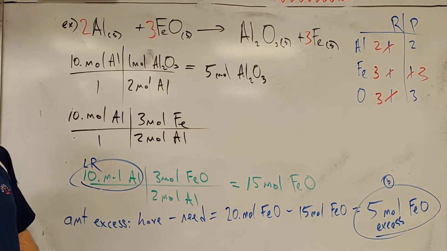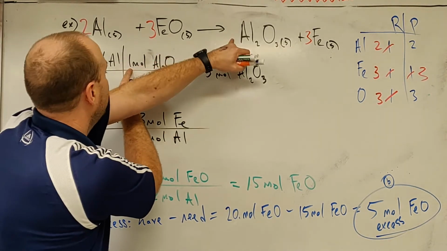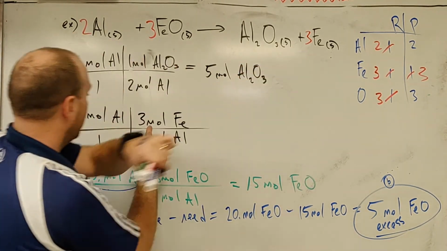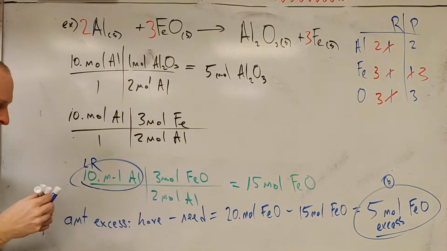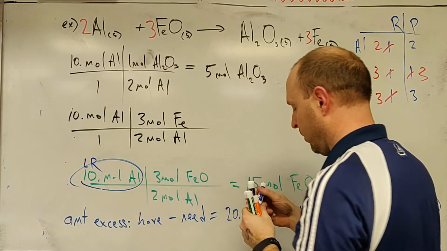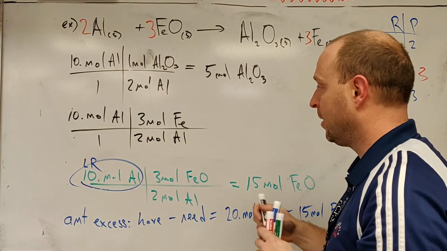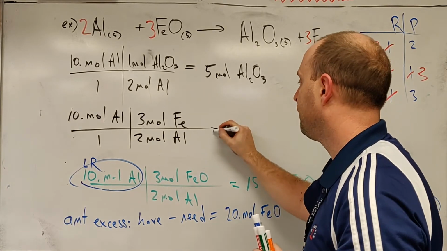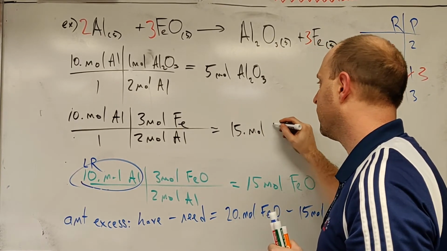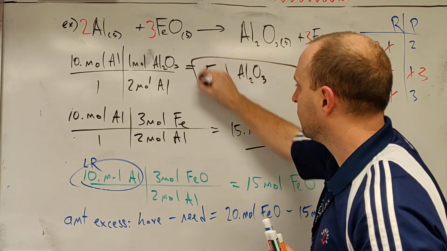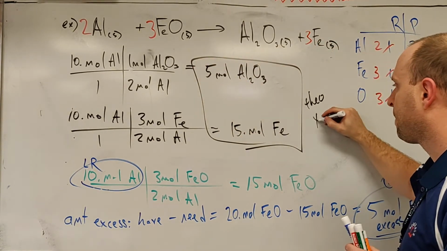After that, from the balanced chemical equation, 1 here, 3 here, 2 here, right? So we have 10 times 3 is 30 divided by 2. We do get 15 moles of iron possible here. 15 moles of iron, and this is our theoretical yield.